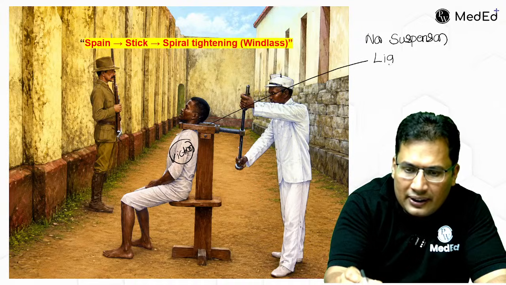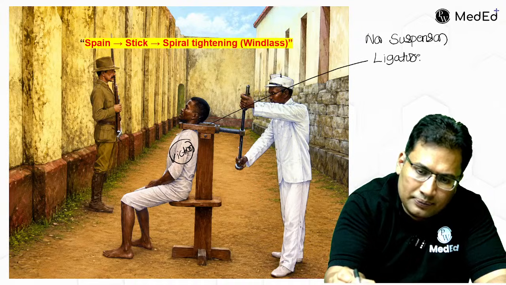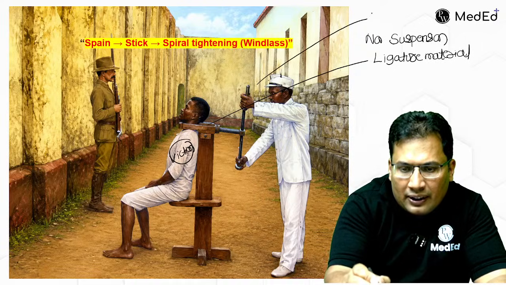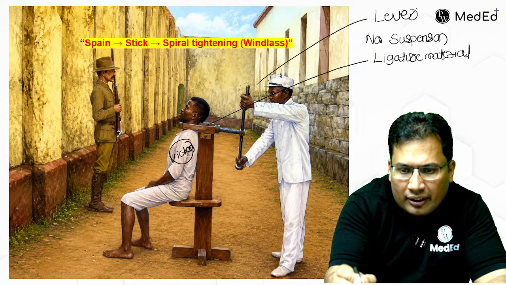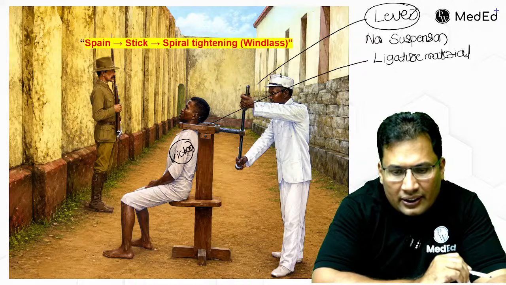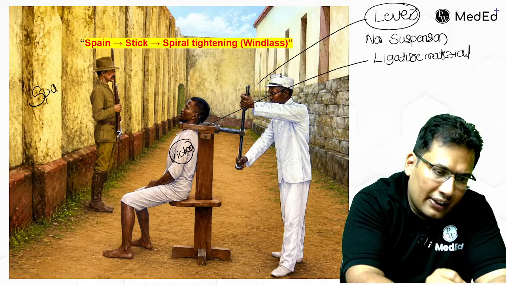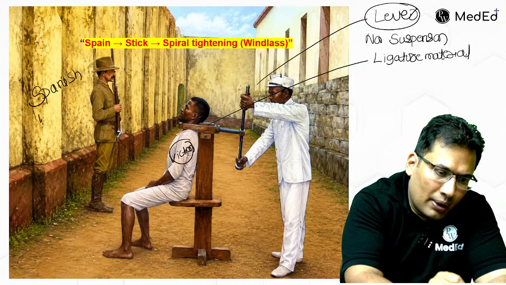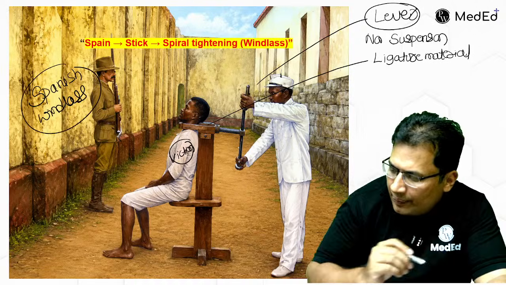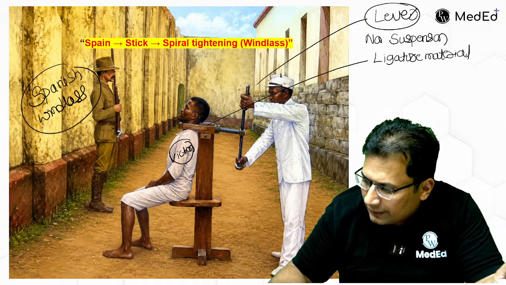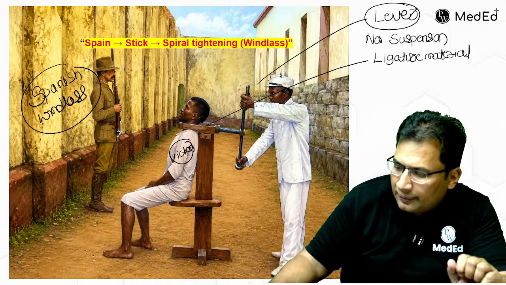Ligature material is around the neck, twisted with the help of a lever. What is this known as? So this is known as Spanish windlass.